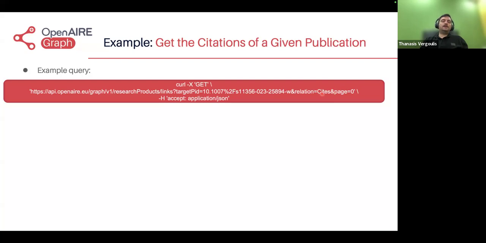Keep in mind that this call will very likely provide you more citations than the number that you will find in the citation-based indicators, because the calculation of those indicators is based on a methodology that takes into consideration a subset of these citations. For instance, data citations are not included there, but you will find them here.